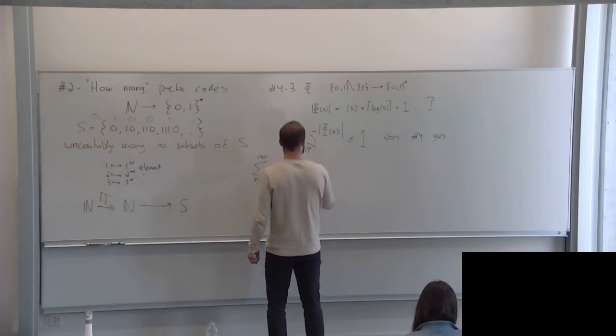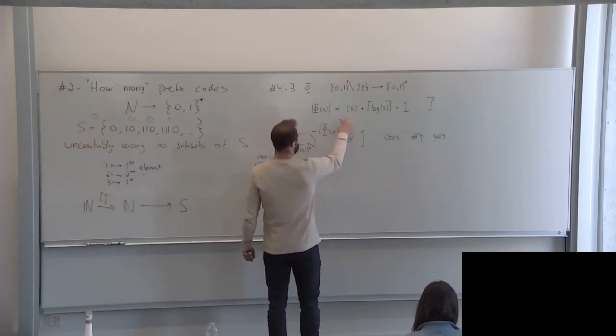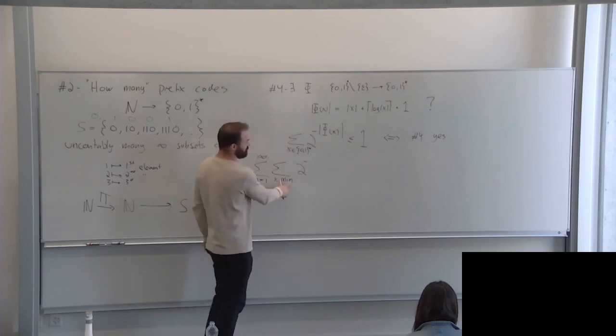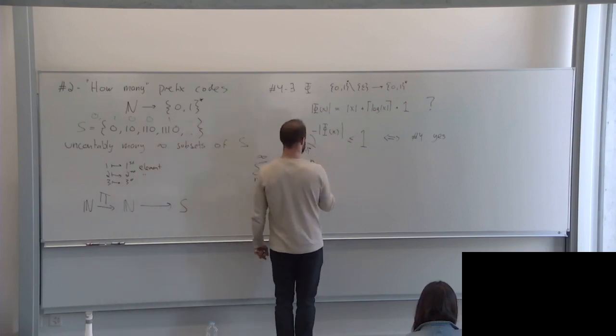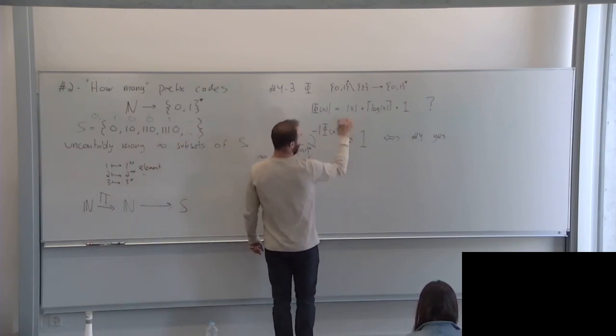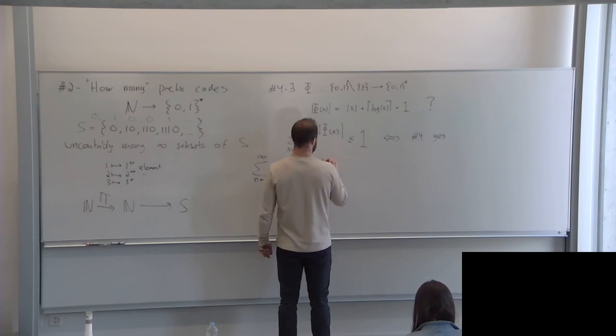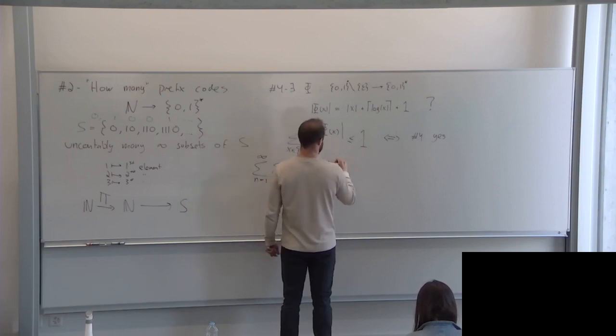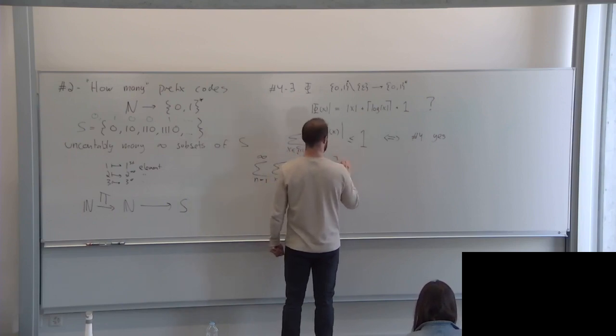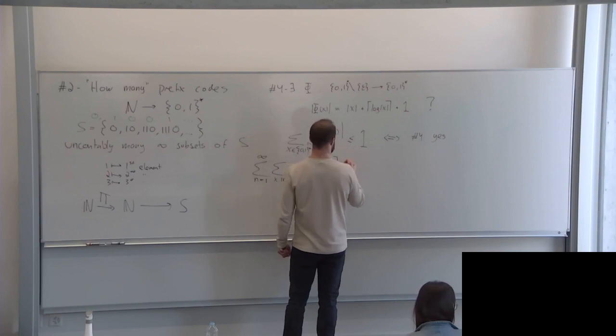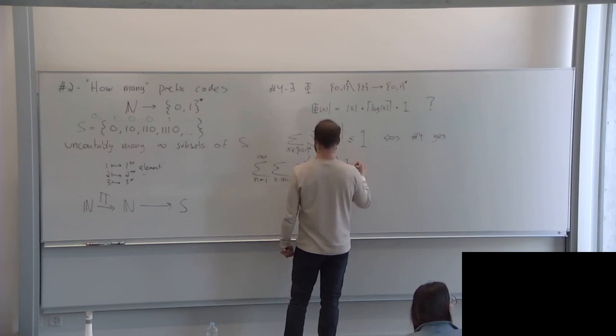And then we have 2 to the minus the length of x, which is fixed to be n, so 2 to the minus n plus the ceiling of log n, plus 1.